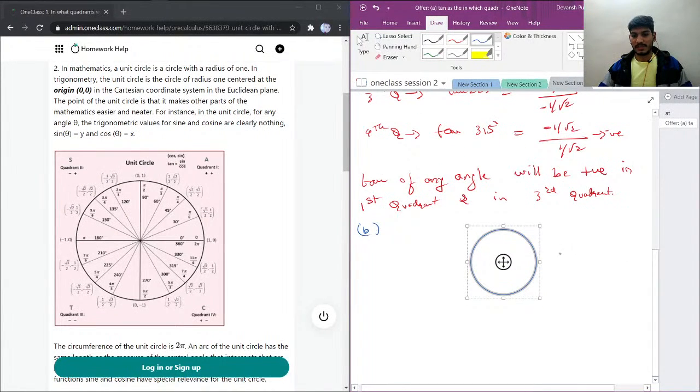So as we can see this circle, this is a unit circle. So suppose this is the axis, say, and this unit circle lies, its center lies at 0, 0, and it has a radius of 1.